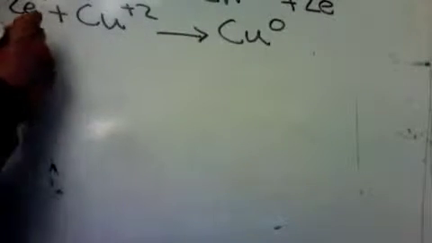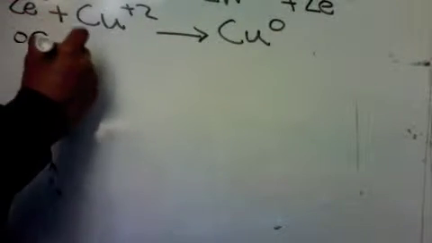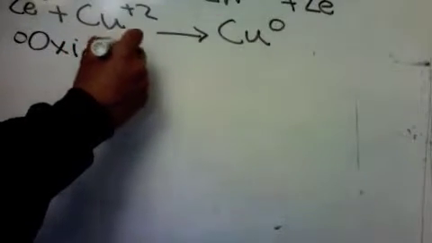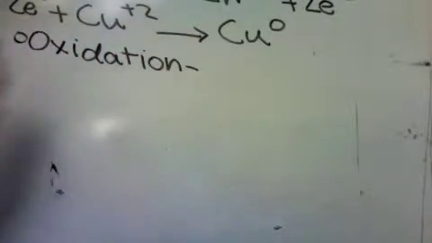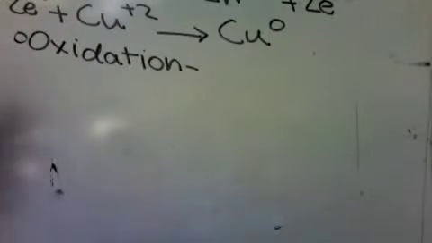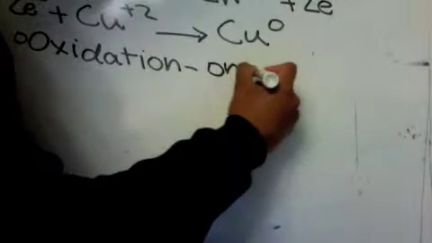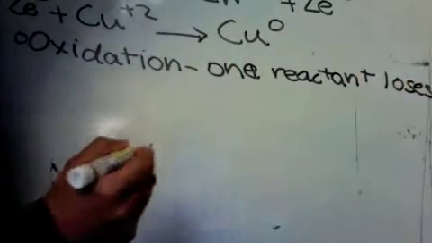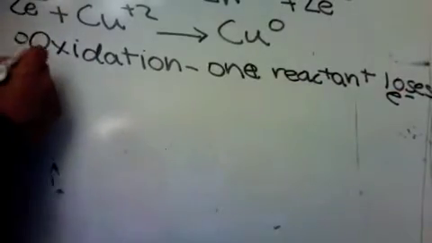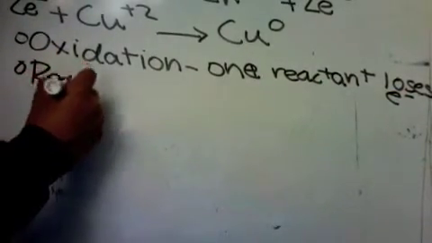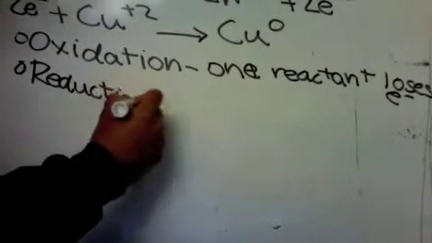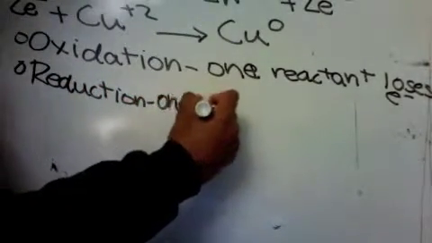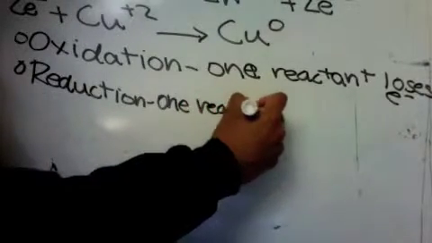To answer this question, we need to know what oxidation and reduction are. Oxidation is when one reactant loses electrons, and then reduction is when one reactant gains electrons.